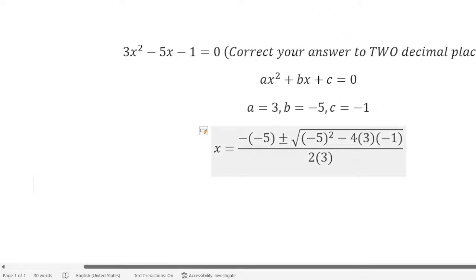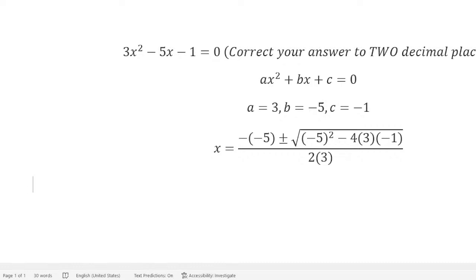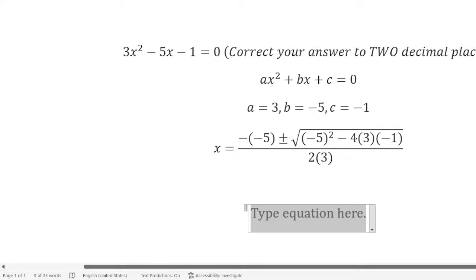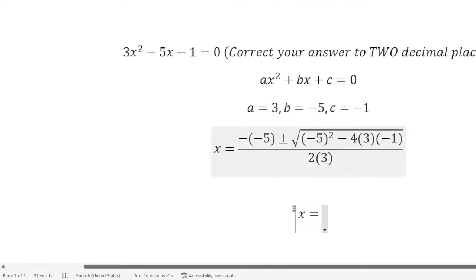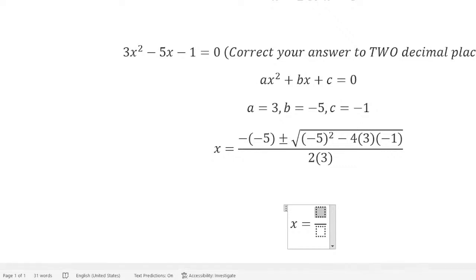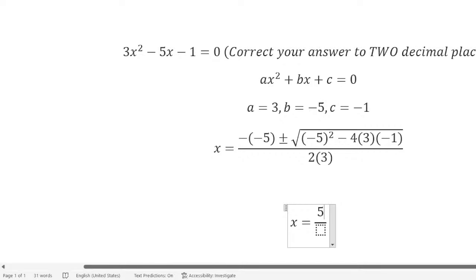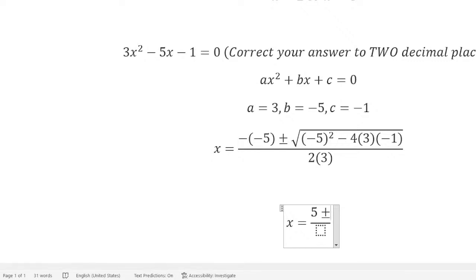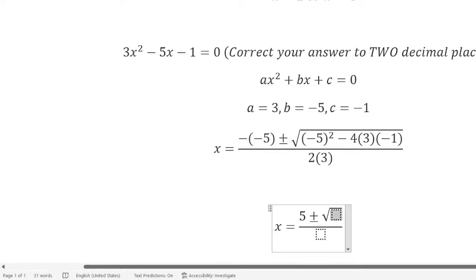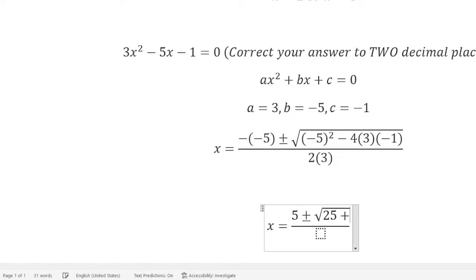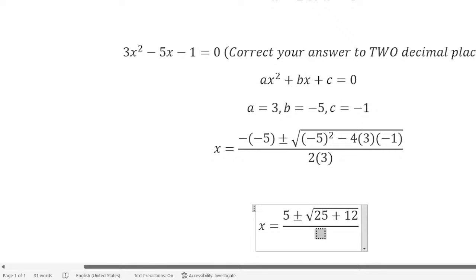value of x. So here we have x is equal to +5, plus or minus the square root of 25 plus 12, all over 6.